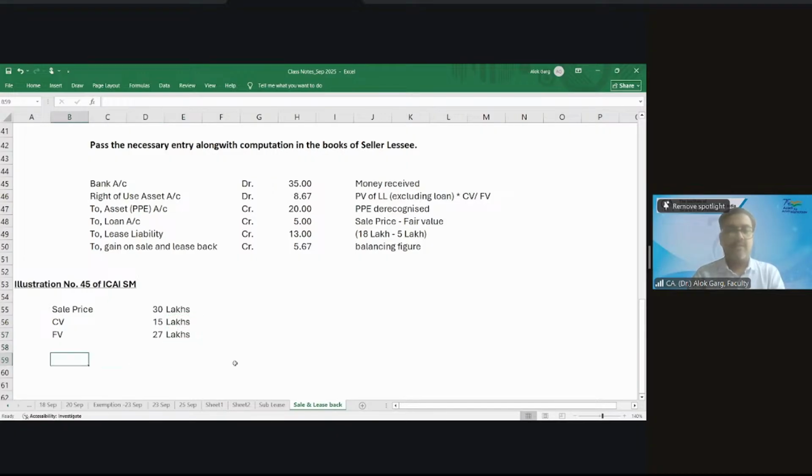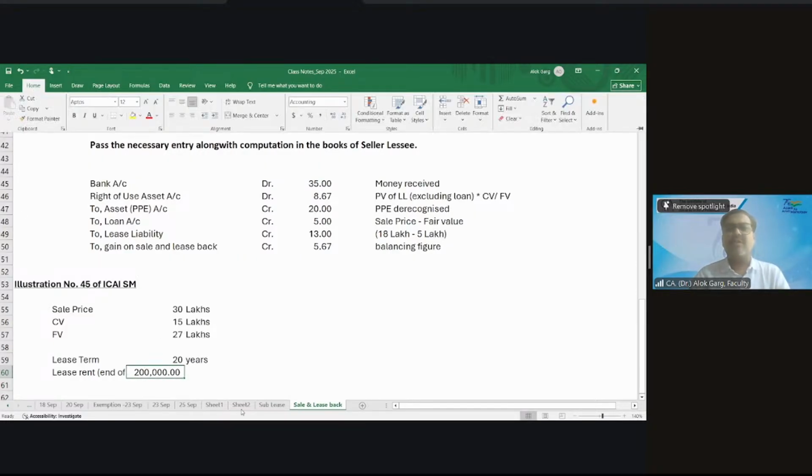What is the lease term? 20 years. What is my lease rent? Annual lease rent is 2 lakhs, at the end of the year. You ask us to write this every time, specifically whether it is the beginning or the end of the year.